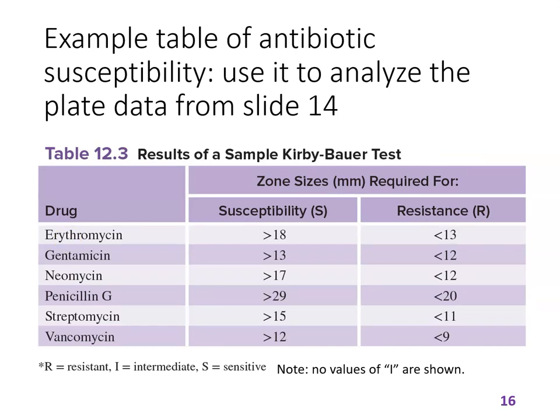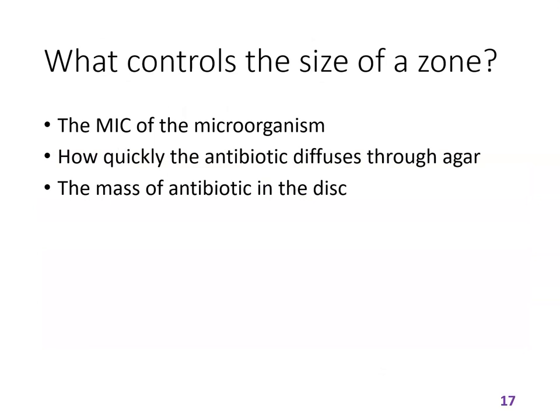The last topic I want to mention is just what governs the size of those zones. Well, the microorganism, like what is the organism and how sensitive is it to the antibiotics? That's the main thing. That's what we care about, and that does determine the size of the zones. And it's going to be different for every isolate of every bacterium, every species. So we do the best we can.